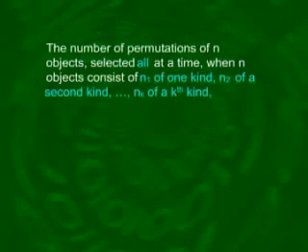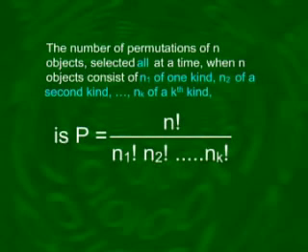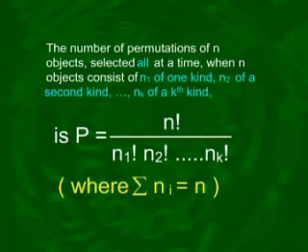The number of permutations of n objects selected all at a time when n objects consist of n1 of one kind, n2 of a second kind, and so on up to nk of a kth kind. This number is given by n factorial over n1 factorial into n2 factorial into so on up to nk factorial.